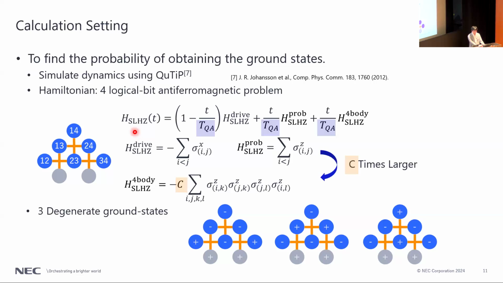As with normal quantum annealing, there is a transverse field driver term and the problem term for the Ising model. In addition, there is a term for the four-body interaction. And this system has three degenerate ground states. We calculated each ground state probability.